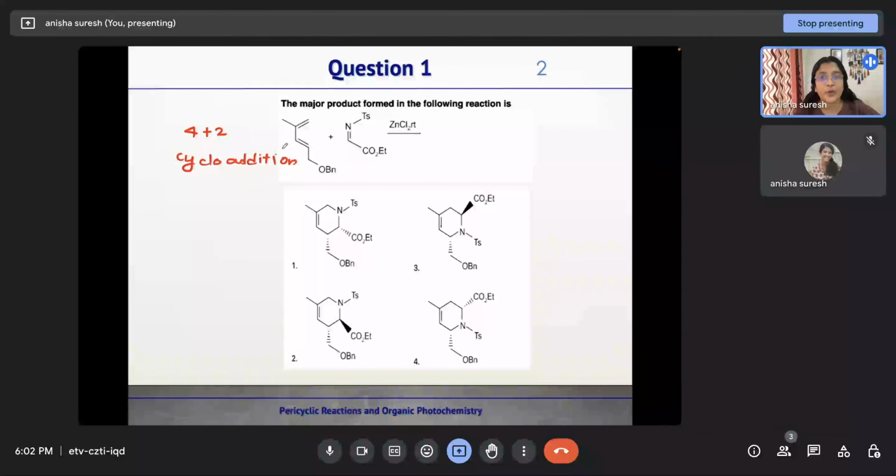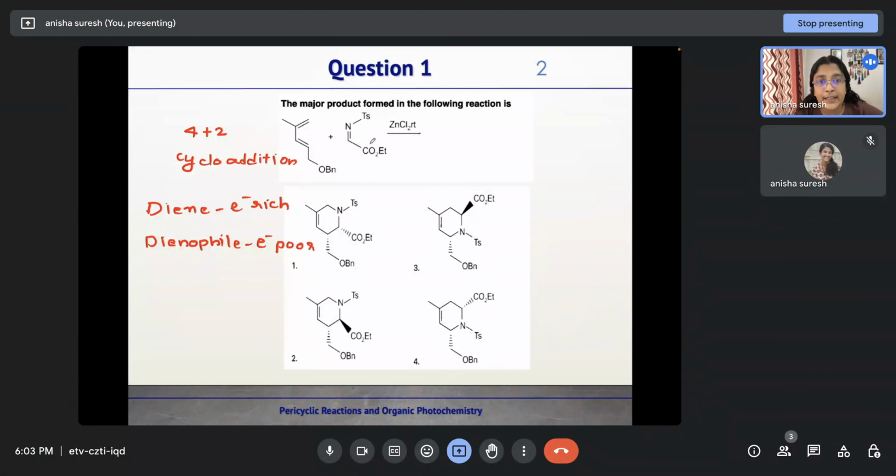We know that in a typical Diels-Alder reaction, the diene is the electron rich component and the dienophile, that is the 2 pi component, is the electron poor component.